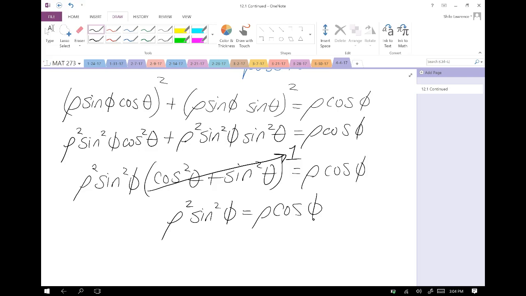We're solving for rho. You could subtract, but it won't do anything.